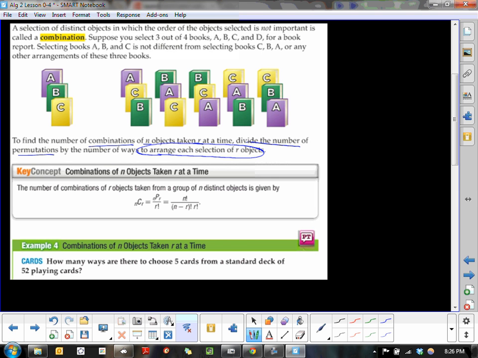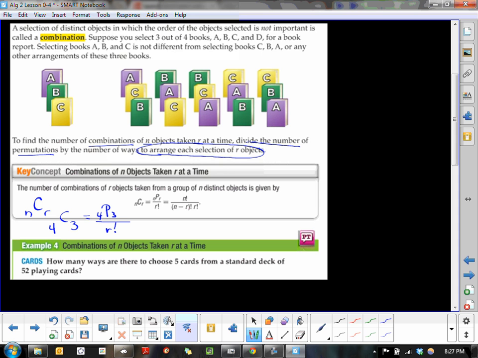So in order to do a combination, we have n objects chosen r at a time. In our case, we're going to take from 4 books, and we're going to choose 3. So we want to be able to take our permutation, which would be of the 4 objects, choose 3, and then divide by the number of ways that you can rearrange those r objects, which is r factorial.